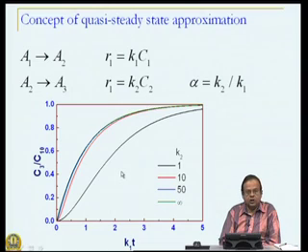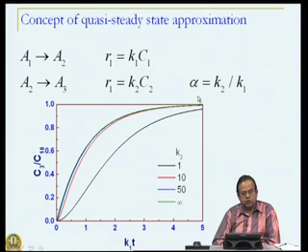What we see here is the approximation, that is how C3 is changing. This is the case when K2 is very small, but as we keep on increasing the value of the rate constant K2, we actually reach the saturation point.